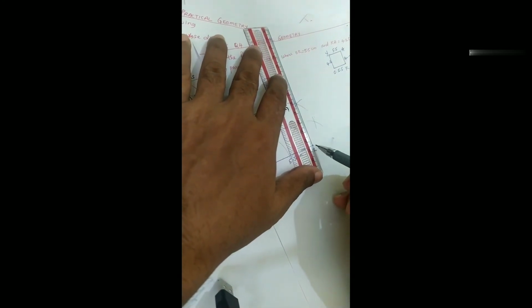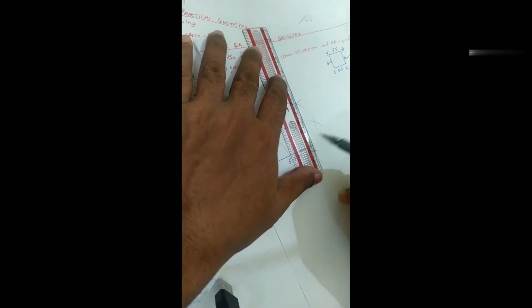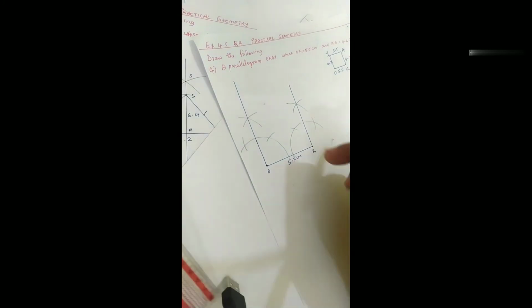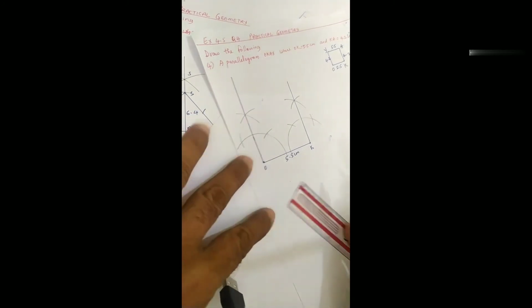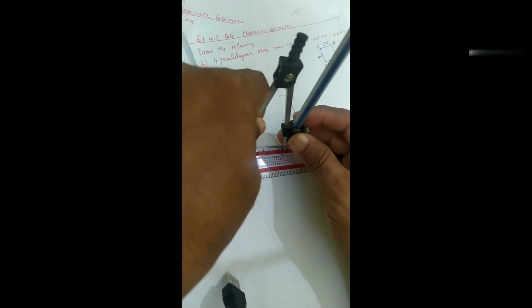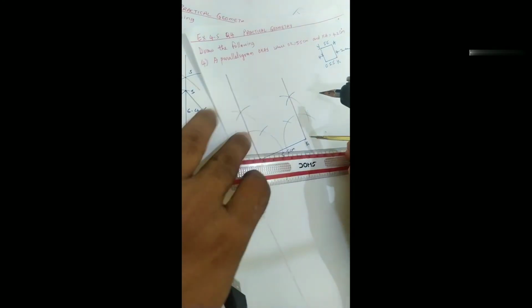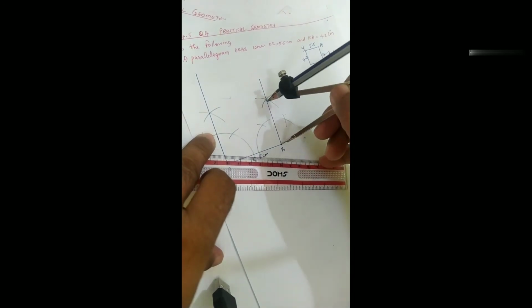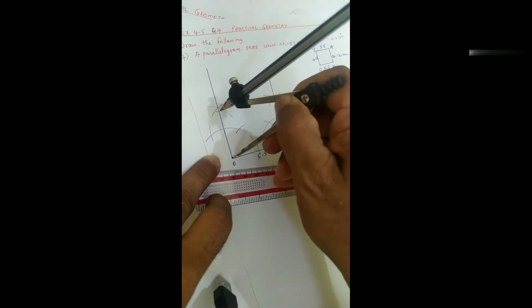In parallelogram, opposite sides are parallel and opposite sides are equal. So we will take 4.2 centimeters from here and 4.2 centimeters on the other side also. So we can see from here, 4.2 centimeters here also.